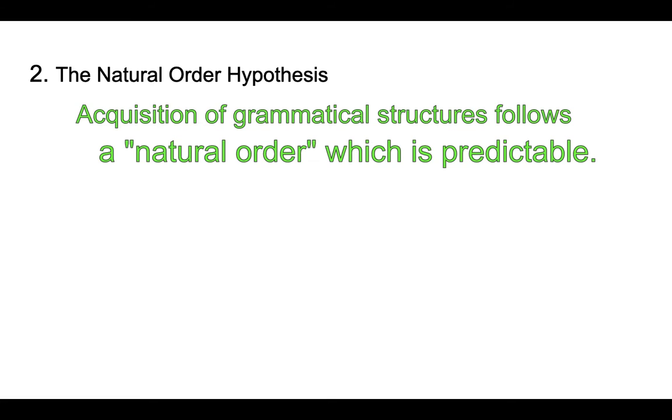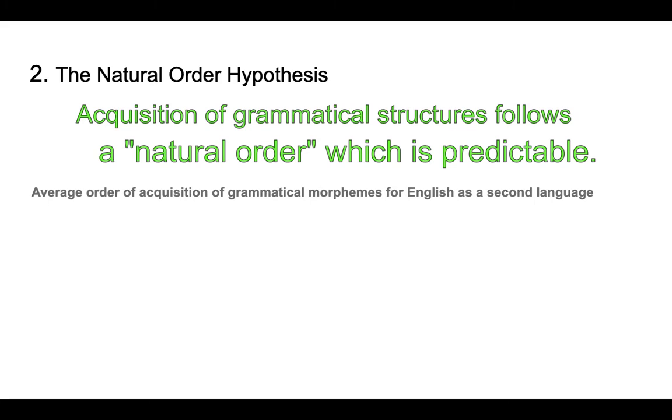And when a person from a different language comes into contact with a native speaker or an area in which the language is different and they're trying to acquire this language, their acquisition also follows a similar order, although not exact, but it is predictable.